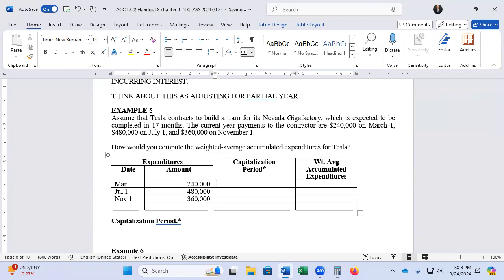And the capitalization period, in this case, you had January, February expired, so this is 10 of 12 months. This is 6 of 12 months. And then November and December is 2 of 12. And so all we do is multiply those across. So 200,000, 240,000, 60,000 gives us a total of 500,000.